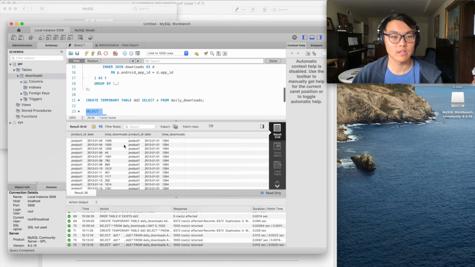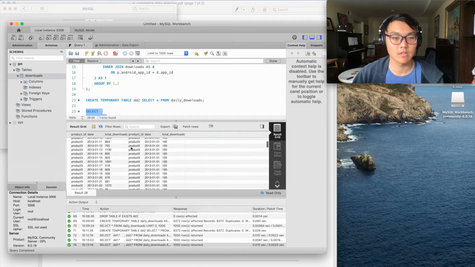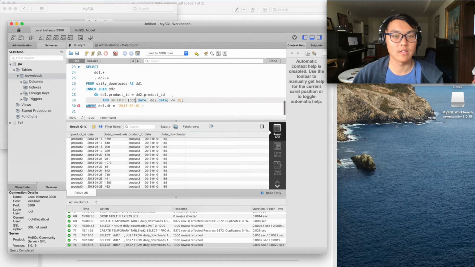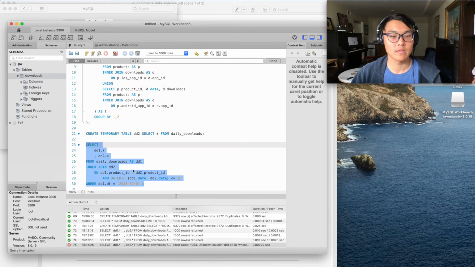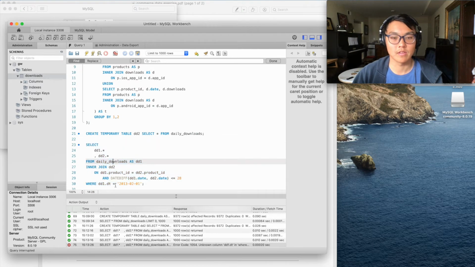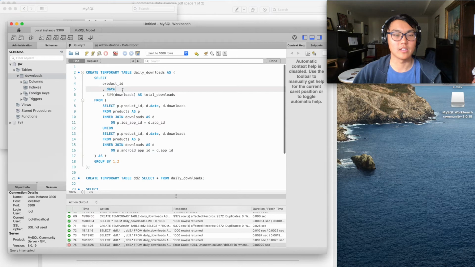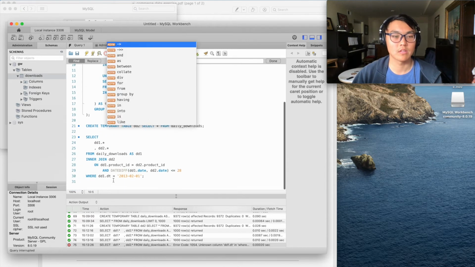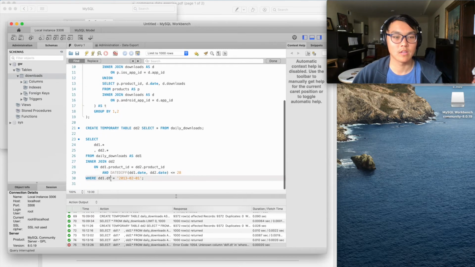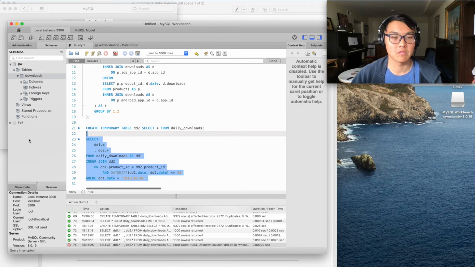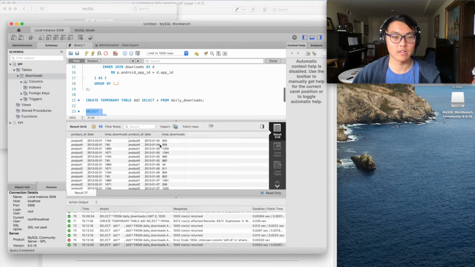It didn't work again, my bad. Error, unknown column d1.dt. Oh, we did not call it dt. We called it date. Oops. Hopefully that doesn't give us an error.